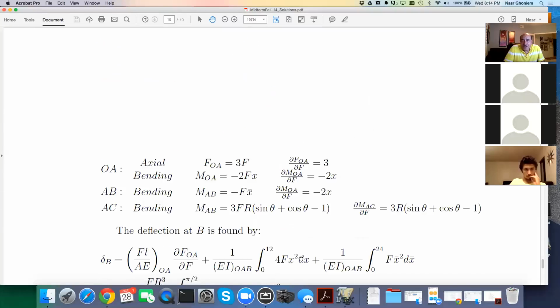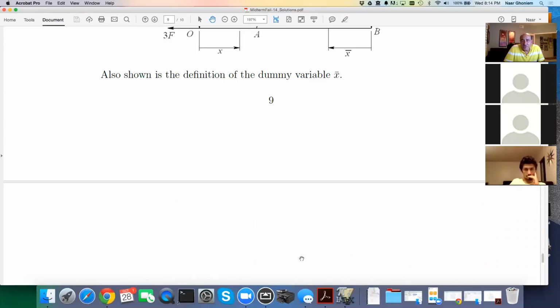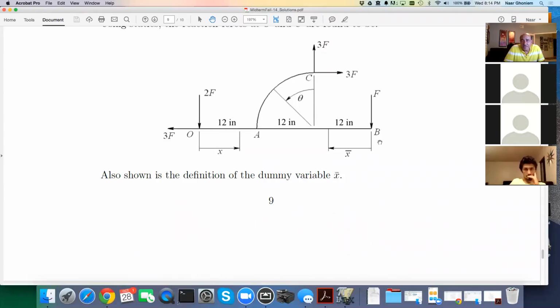So once we have this, we can get the deflection at B, the vertical deflection.